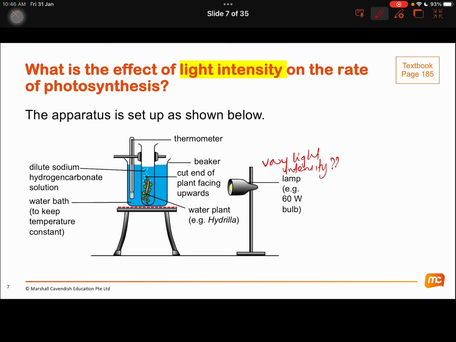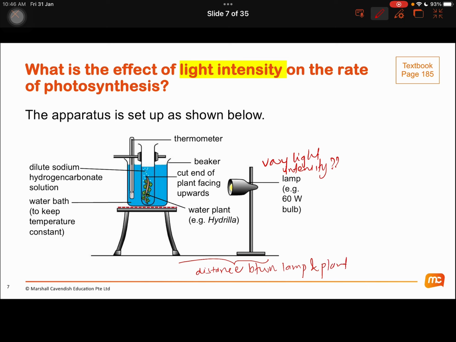I'm trying out something new where I can insert questions into the video. So by now you should be able to identify how to vary the light intensity by varying the distance between the lamp and the plant. Alright, so I'll show you a video on that.